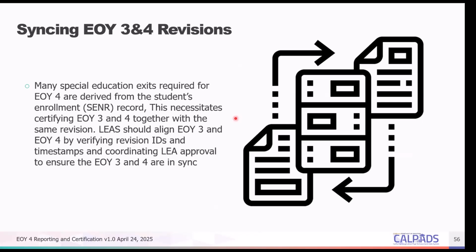Any changes in the enrollment statuses in end of year 3 will impact how you look at and review students in end of year 4. So both have to be in sync, meaning if you certify end of year 3 with a revision ID, make sure that end of year 4 has the same revision ID being certified. Okay? Just to make sure that you have all of your data included.